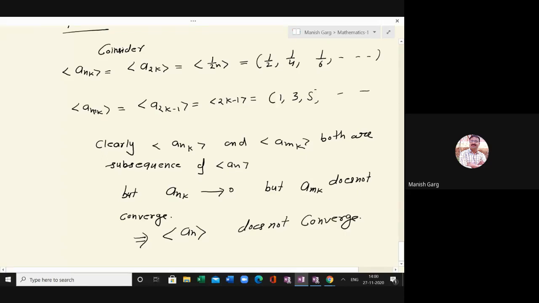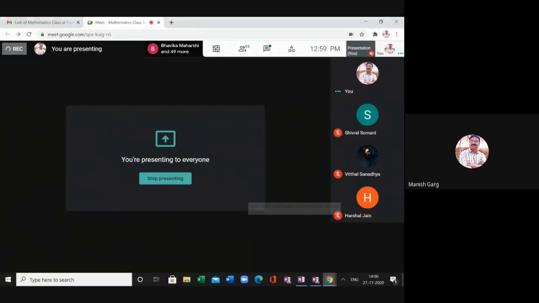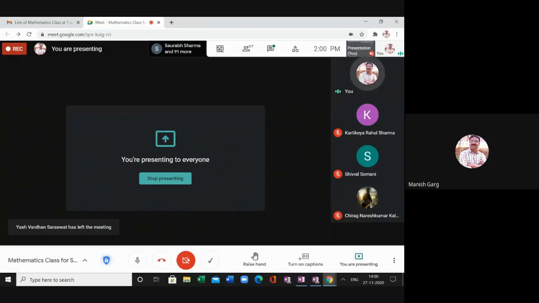So you can use this result in two ways for proving divergence. If anybody has a doubt, ask me. Any doubt? No? Okay. Now I am stopping the lecture.